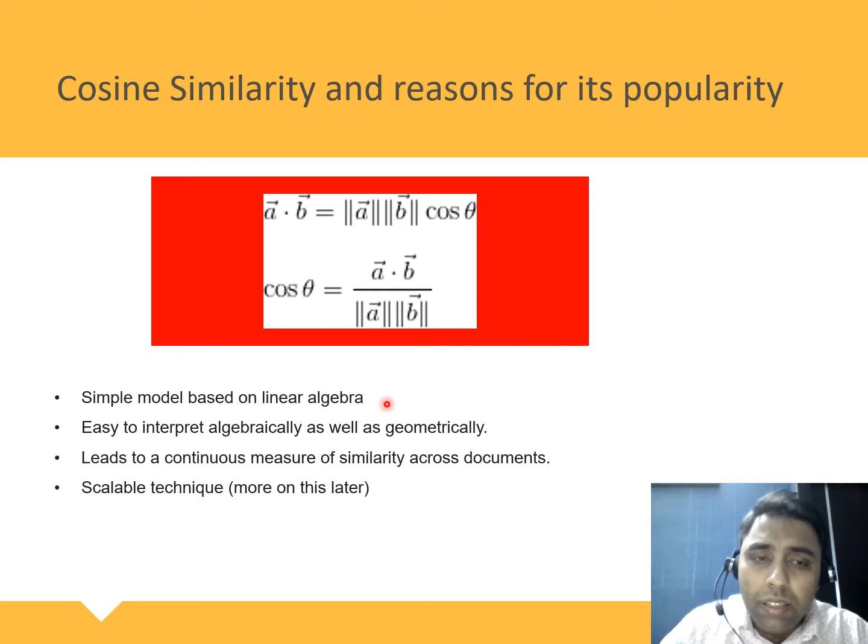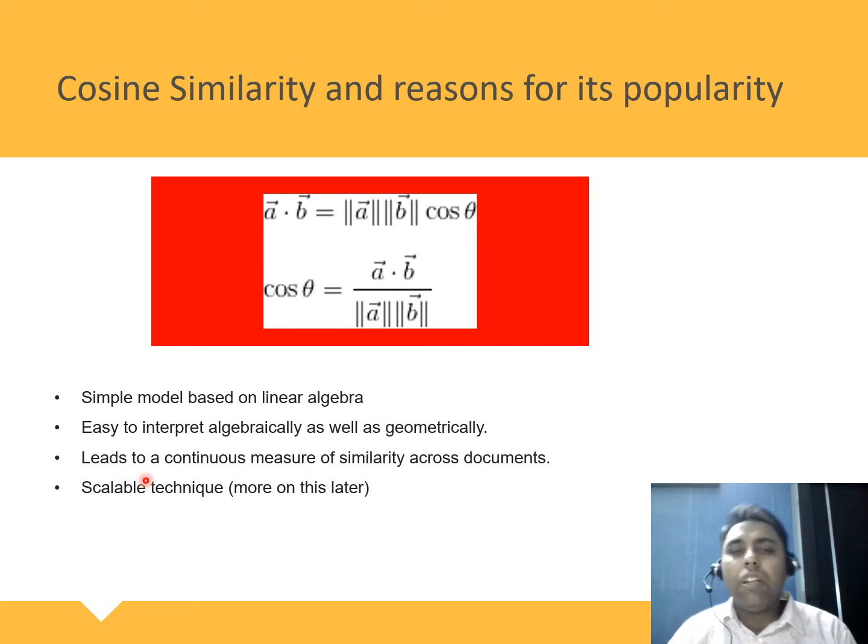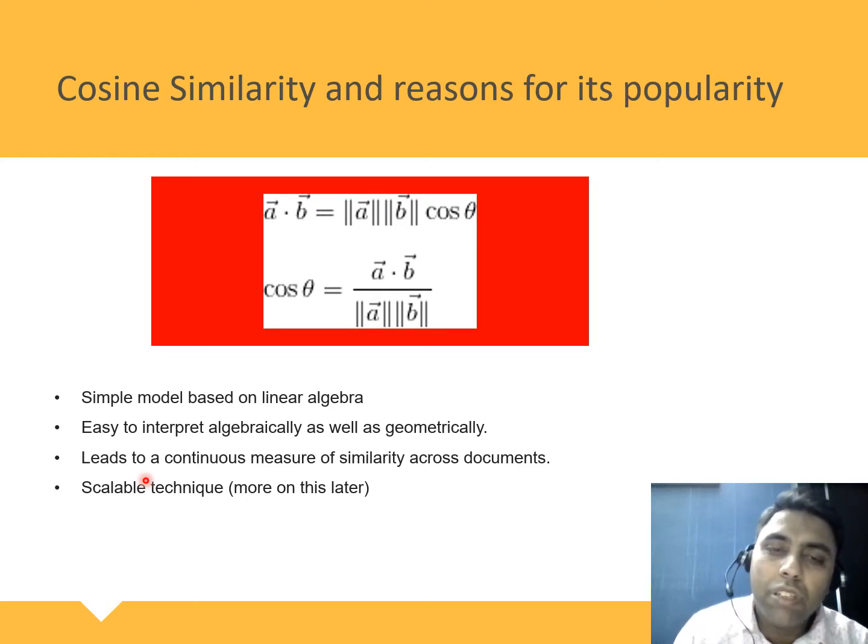And it's not just an algebraic representation. You can also interpret it geometrically. That perhaps gives more confidence to people that it indeed works, and it's quite popular. The other thing is, it gives you a continuous measure of similarity across documents.